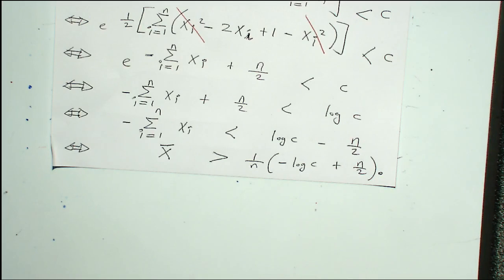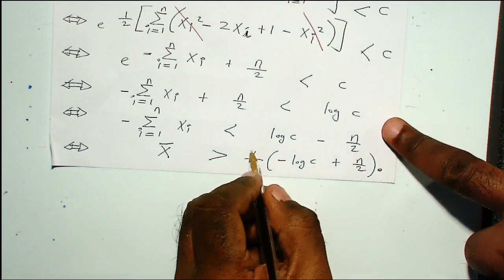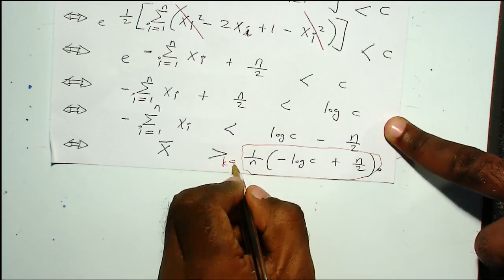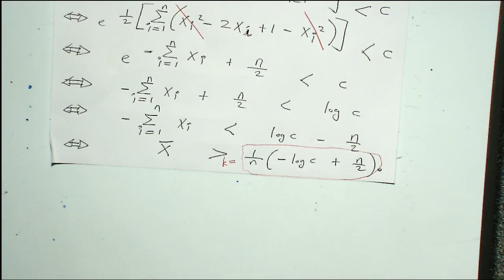All right? So the rejection rule by the Neyman-Pearson lemma is that x bar, the sample mean, must be greater than this guy here, which I'm going to call k. You can call it any other name, but just for the sake of notation, let's call it k, right?